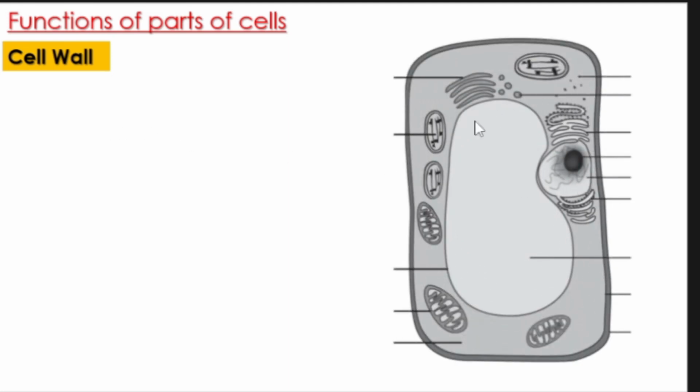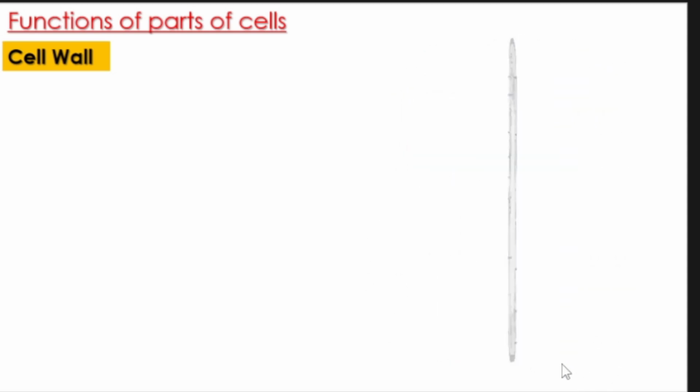All right, so basically this is a plant cell once again, and the cell wall is this first layer of the cell. And usually the cell wall is non-living and fully permeable. So this cell wall is non-living. It means it is a dead substance of the cell of a plant. So it is found at the outside of the cell.